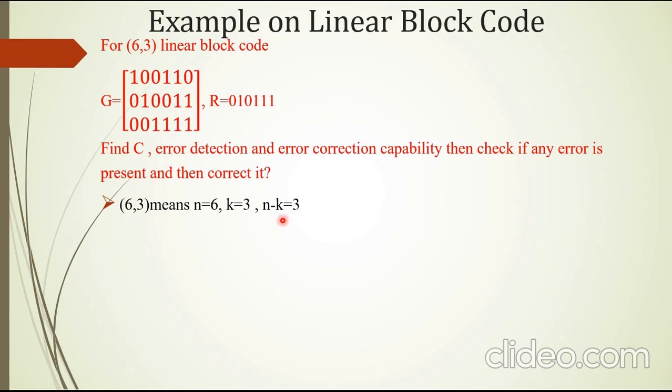Now I have 3 message bits and 3 parity bits, and I have to find the code word C. In my previous video, I told you that C equals mG.